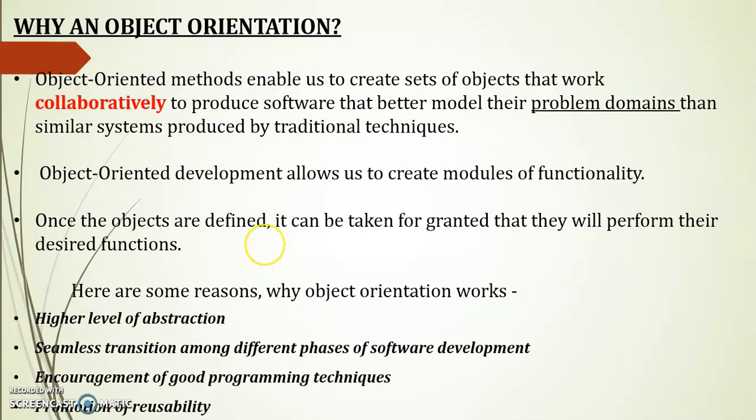Why object orientation? This is important because it supports high level of abstraction. Easily we can transit from different phases of the software development. It encourages good programming technique and it also promotes reusability.